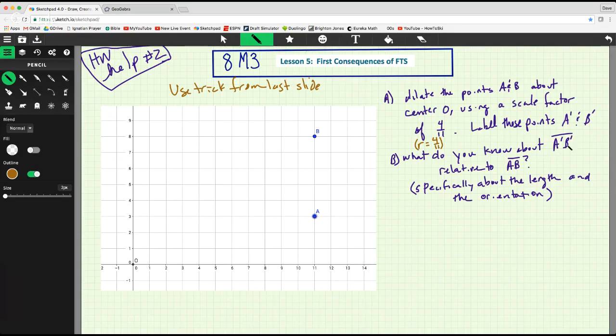And what do you know about A prime B prime relative to AB? So if I draw this line AB here, I'm going to have a line segment A prime B prime, and how is it going to be relative to AB? Think about that. Specifically, and also the length. How long is A prime B prime?